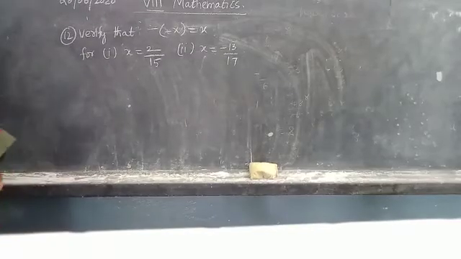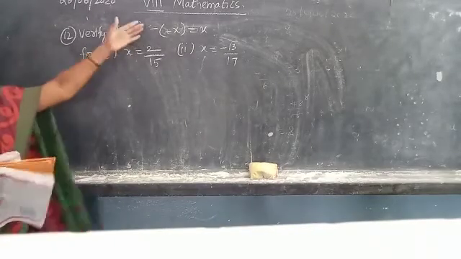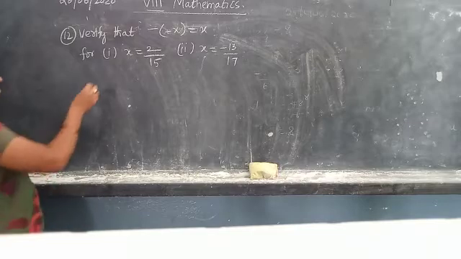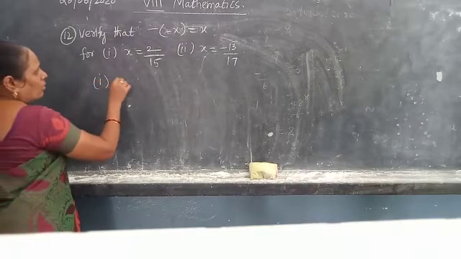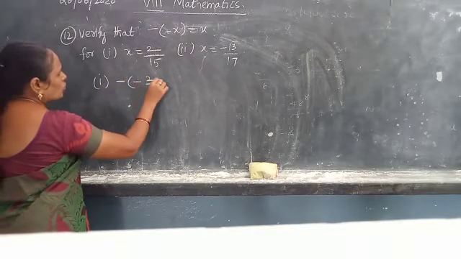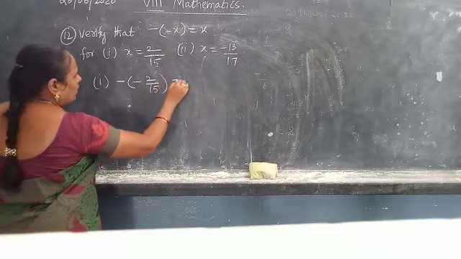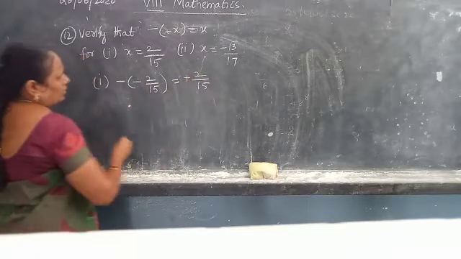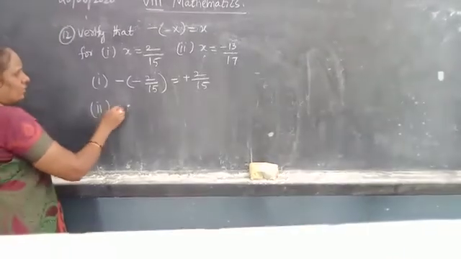That means you have to substitute the x value in the given equation, that is minus of minus x equals x. So the first one is minus of minus 2 by 15, minus into minus is plus, so plus 2 by 15. And what is the second one?